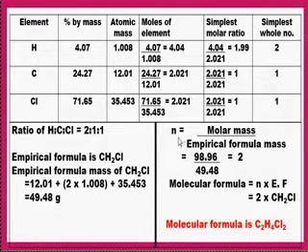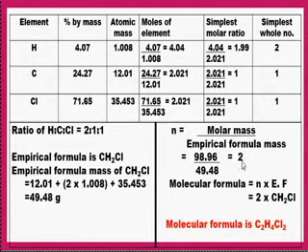Now we are finding the integral number n. n will be equal to molar mass upon empirical formula mass. Now molar mass is given in the question as 98.96. We found the empirical formula mass as 49.48.